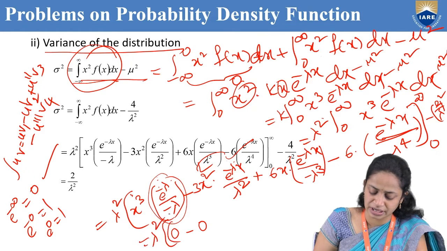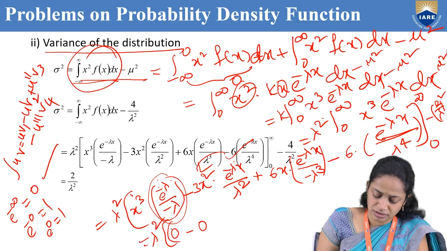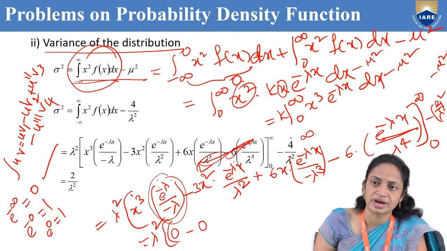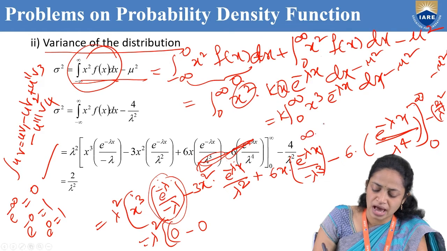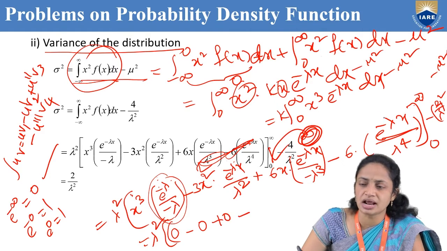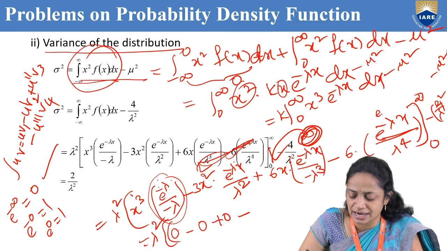Already we have lambda square. So for the first upper limit case, this is 0 and this is also 0. Now in this case, if I substitute infinity here, we get e power minus infinity, which is 0, and 0 into anything is 0. So that's why plus 0 minus. Here also I am substituting e power minus infinity.